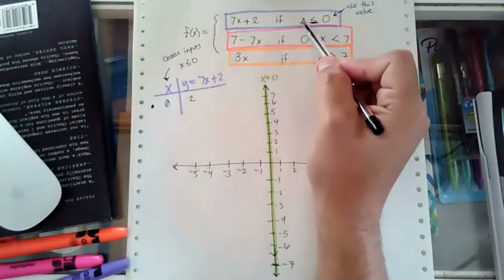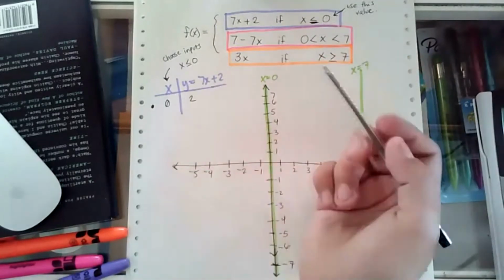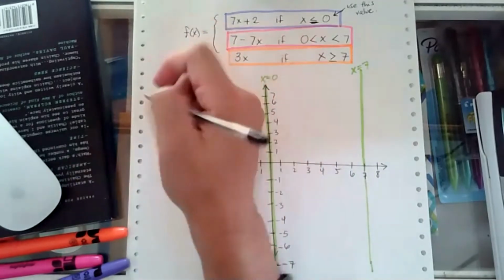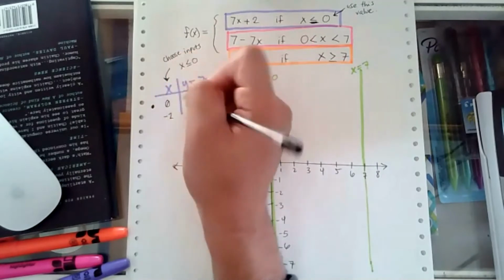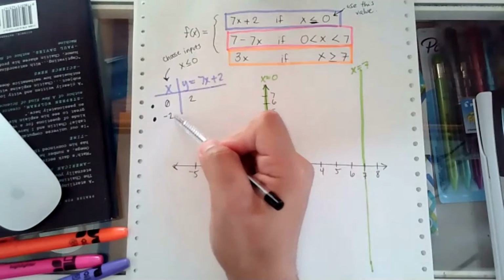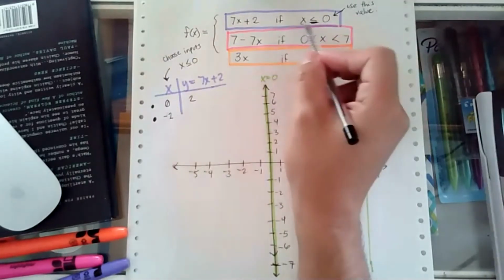And then I need to choose another x value that's less than or equal to 0. Well, let's go lower than 0. And I like to give myself a little bit of space. So I'm going to choose a value that's less than 0. I'm going to go with -2. That's going to be a closed circle as well because that is less than 0. Okay, so it's like following the input rule.